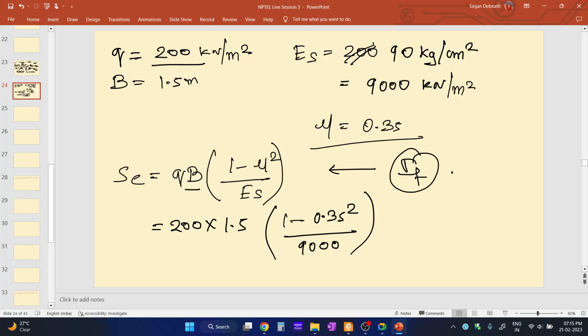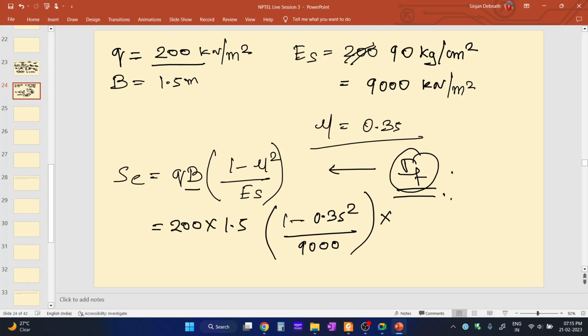Now observe one thing. We need to find this influence factor. First of all, we need to incorporate the influence factor for the flexible footing. If the foundation is flexible, we consider only up to flexible footing.